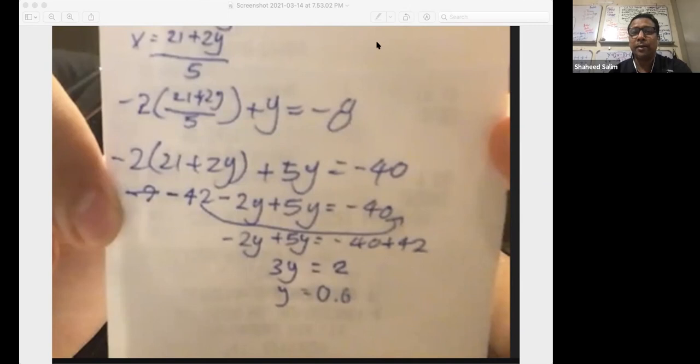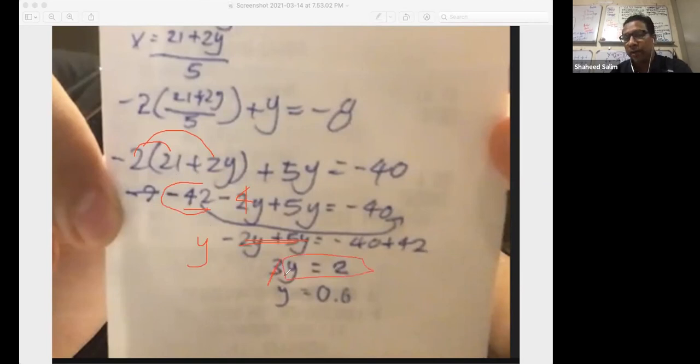One error. You see, 2 times 21, 42, correct. 2 times 2y, minus 4y. Minus 4y plus 5y equals y. 5y minus 4y equals y. Minus 42, bring over, become plus 42. So y equals 2, which is the same.